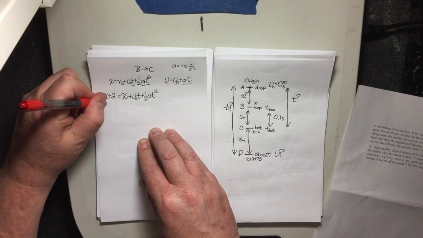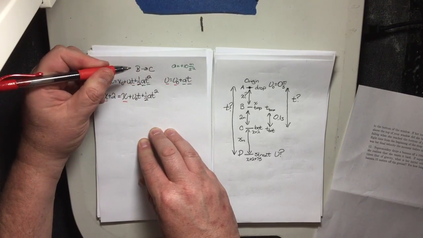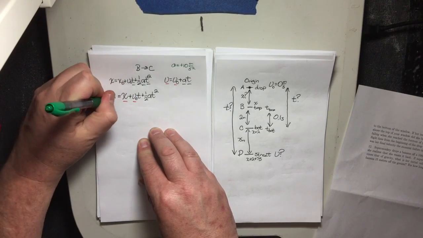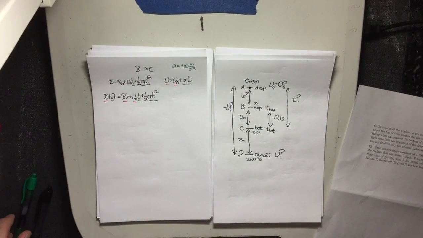I've got an unknown v naught on the right, and an unknown x and v naught on the left.